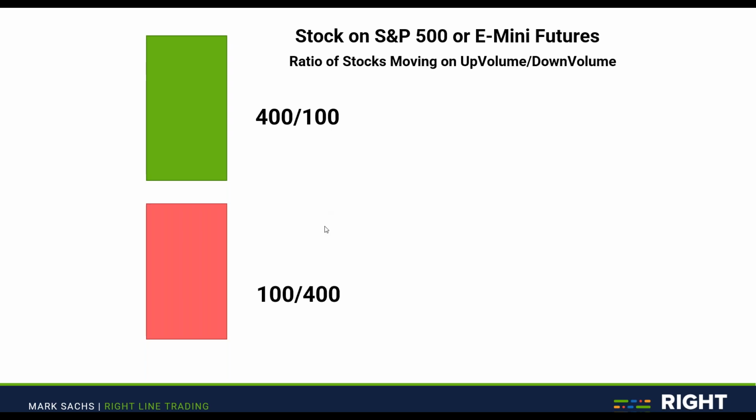Now, we're likely to get a signal, because we also need the same on the ratio of stocks moving on uptick to stocks moving on downtick. 400 on the uptick, approximately 100 on the downtick, or 100 on the downtick, 400 on the uptick.